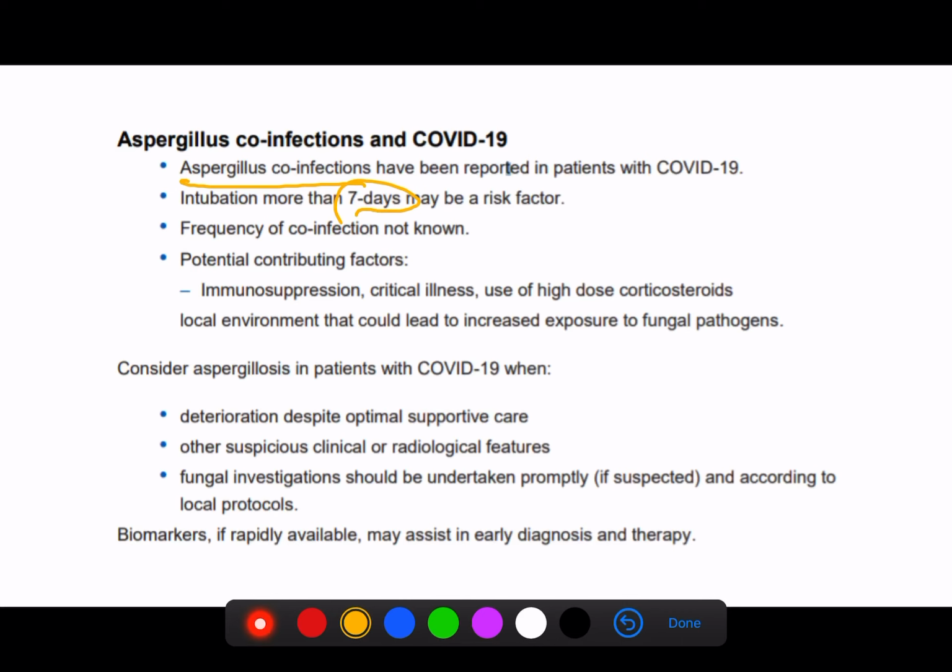I think the old mantra that if you've got persistent raised inflammatory markers and fevers and you're on antibiotics, always think about a fungus, and I think Aspergillus is important to know about. There are a number of things that can contribute to developing an Aspergillus infection, immunosuppression being one of them. And that's not just high-dose steroids, but those patients who have immunosuppression for other underlying conditions such as malignancies or autoimmune conditions.